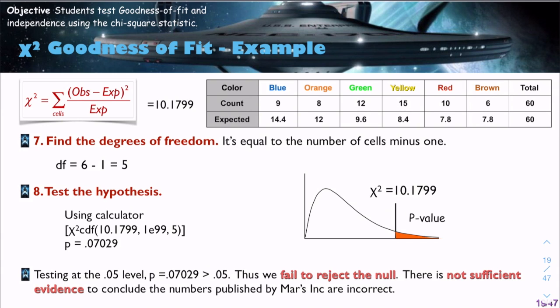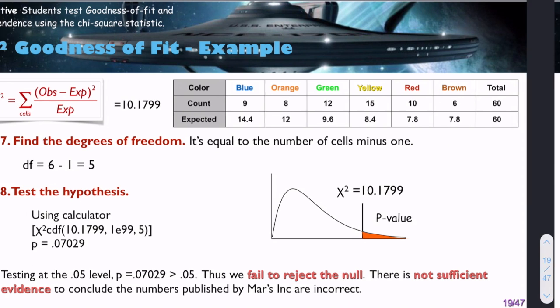Now, testing at a significance level of 0.05, our p-value of 0.07 is bigger than 0.05. Thus, we fail to reject the null. There's not sufficient evidence to conclude the numbers published by Mars Inc. are incorrect. We just don't have enough information based off of this bag of M&Ms that we had.